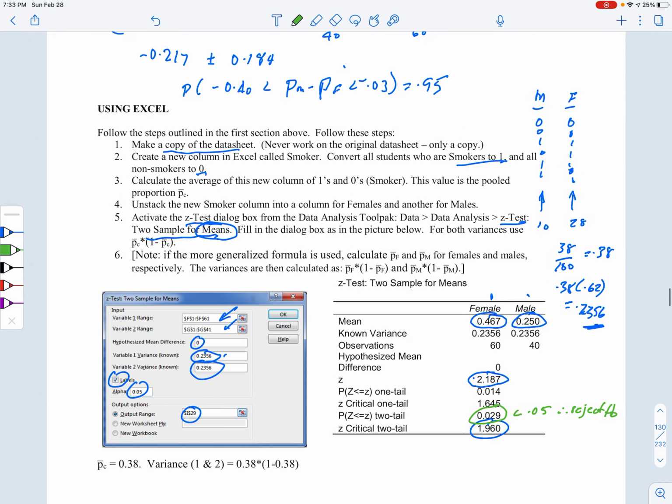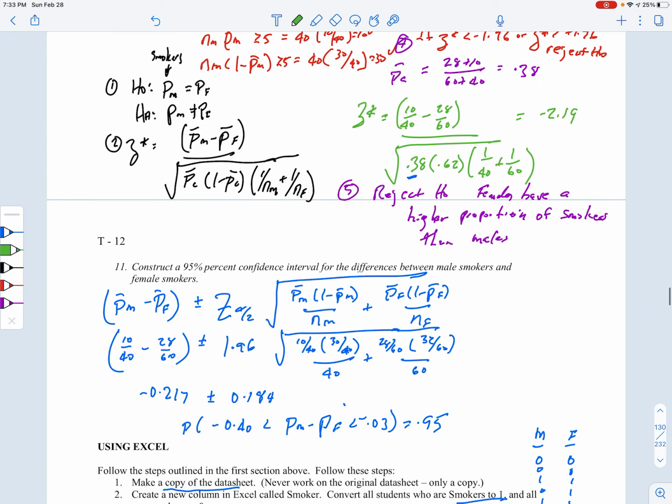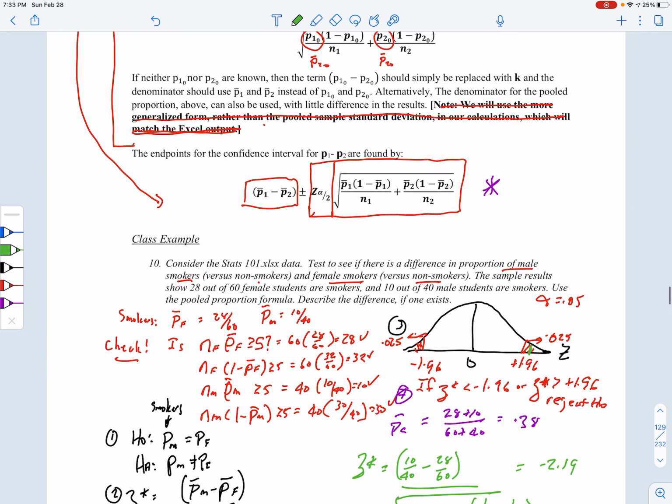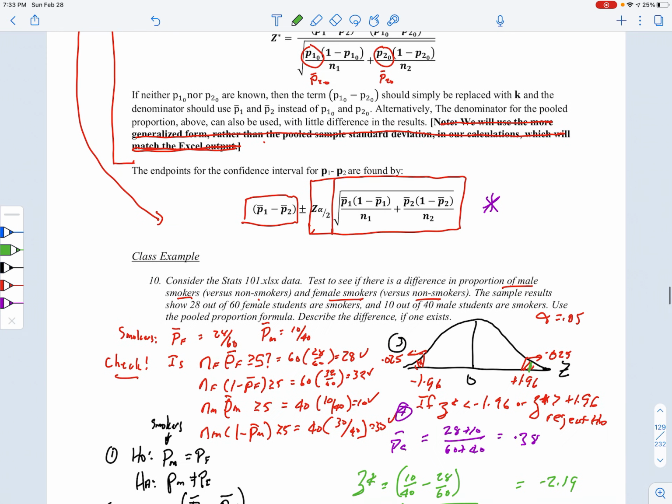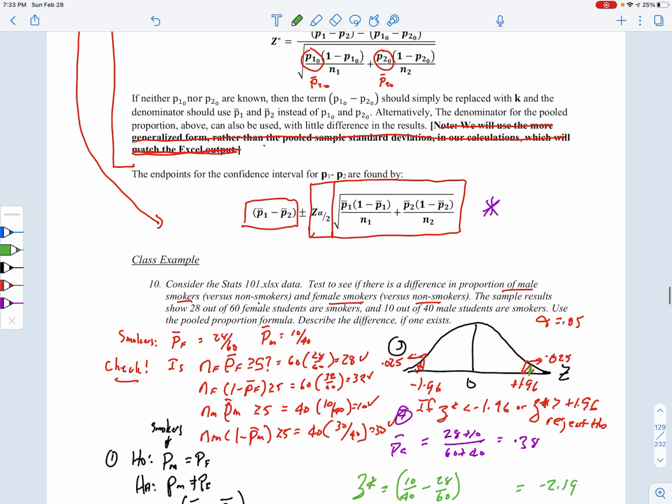The last thing I want to mention on this is that took a lot of work, didn't it, to do that? Is there a better way of doing this? Well, if you take a look at these two variables, the gender, of course, is nominal. Smokers is nominal.